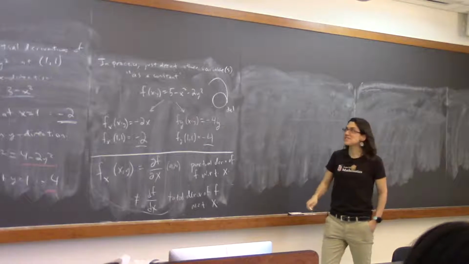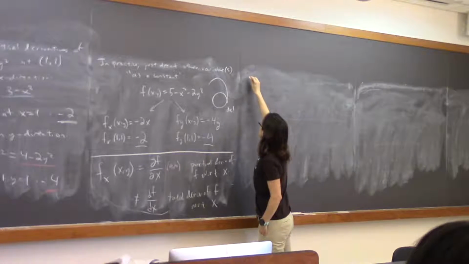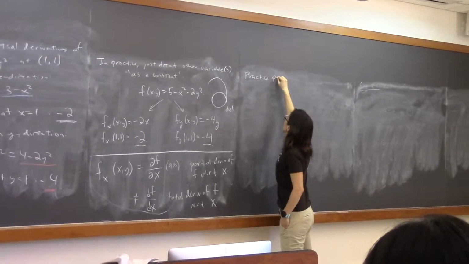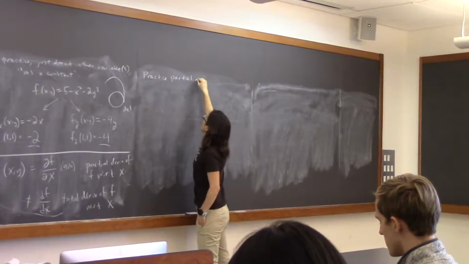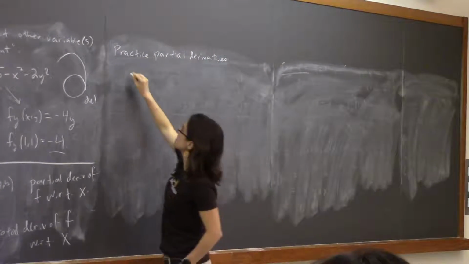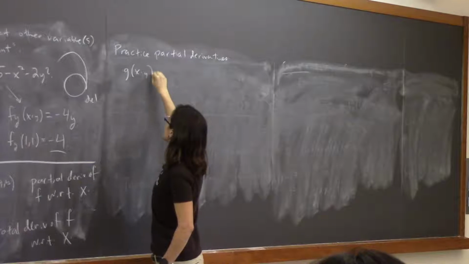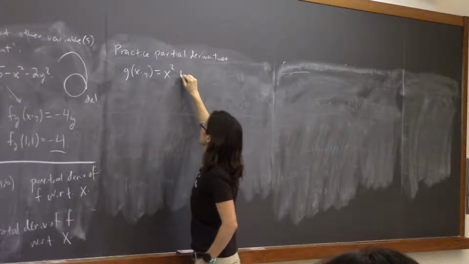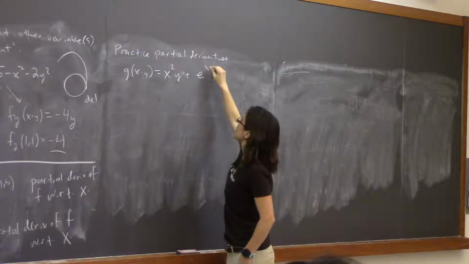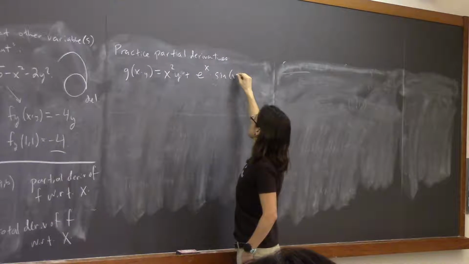Okay, so let's practice partial derivatives. For instance, suppose you have the function g of x, y equals x squared plus x squared times y plus e to the x times sine of xy.